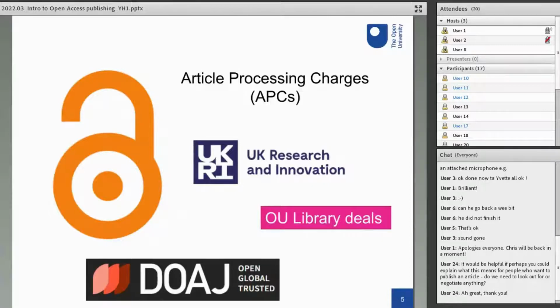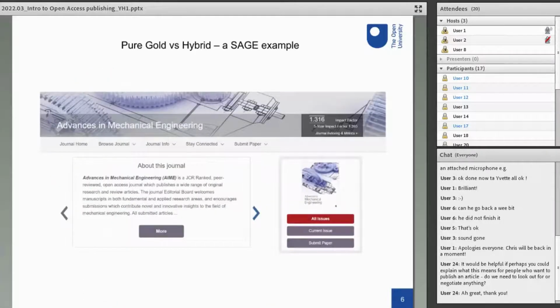As I've just mentioned with UKRI, if you're funded by them, we do have a block grant fund that may be an option for you to pay for these fees, and you can check out the eligibility requirements on the link on the slide previous. And you can use, as Chris has mentioned as well, the DOAJ to find journals that don't charge APCs. Or you can check out our library deals, which I'll come to a little bit later on.